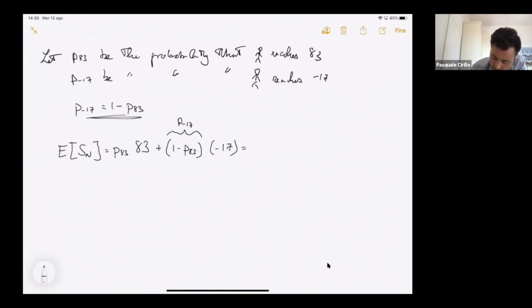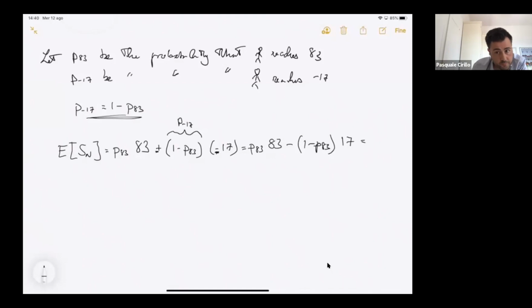This quantity is equal to P83 times 83 minus 1 minus P83 times 17. I'm just taking the minus here with the plus.